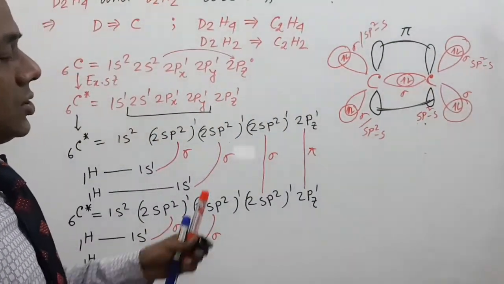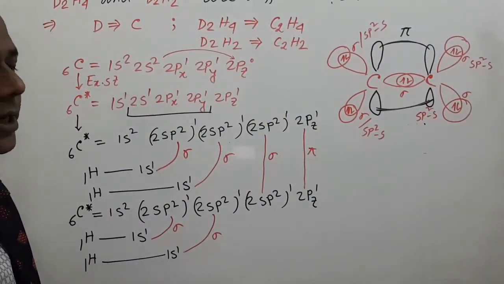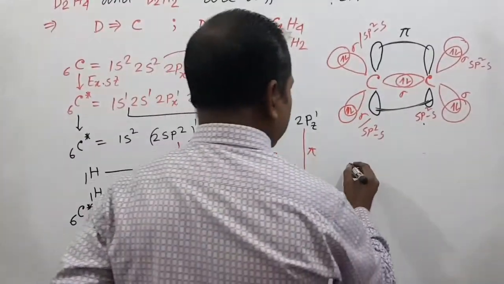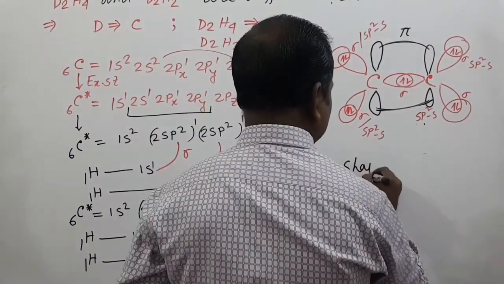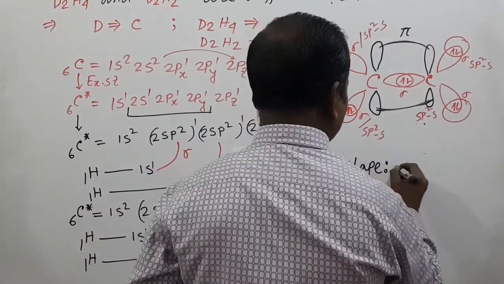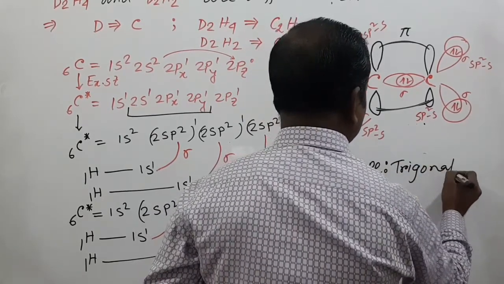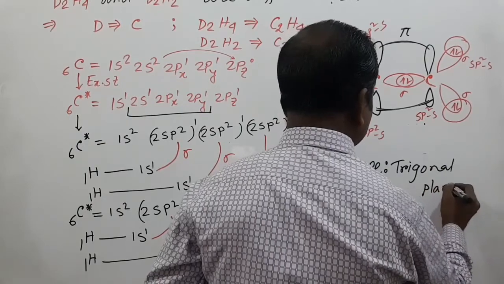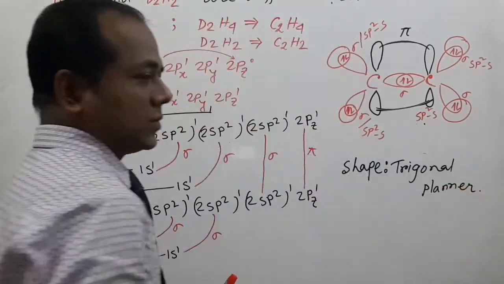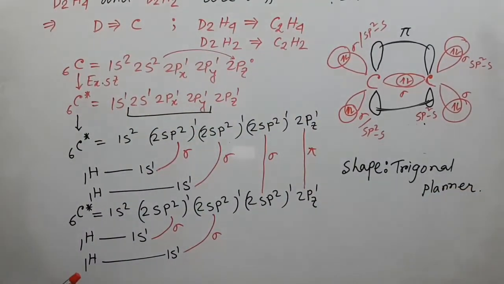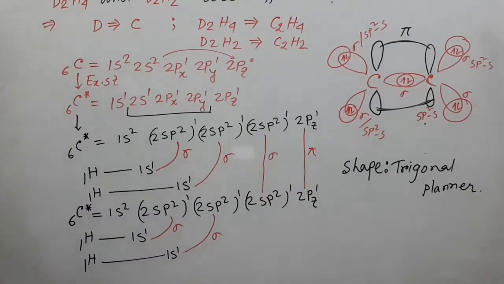And this is the structure of ethene, and the shape is trigonal planar. So my dear students, this is the structure of ethene.